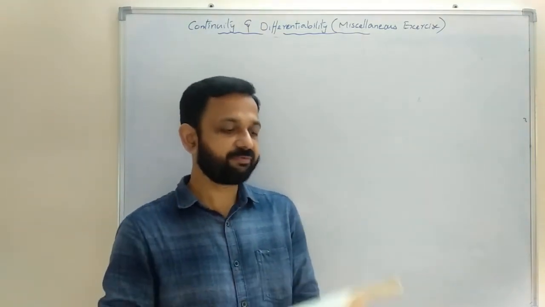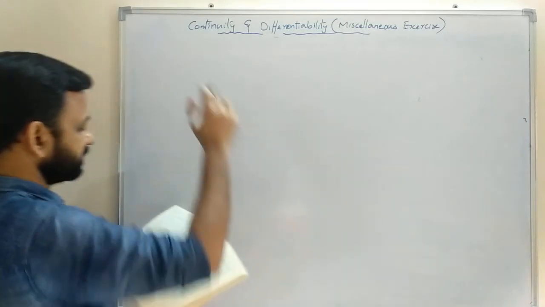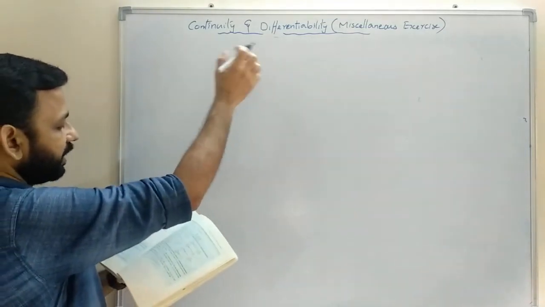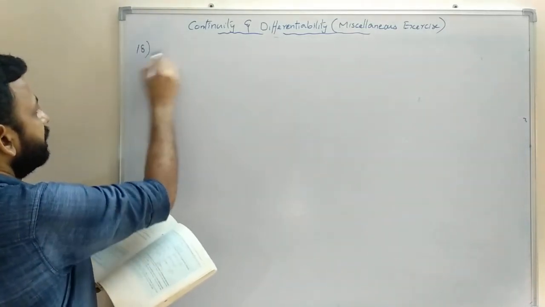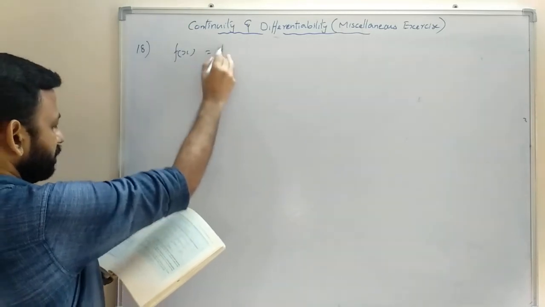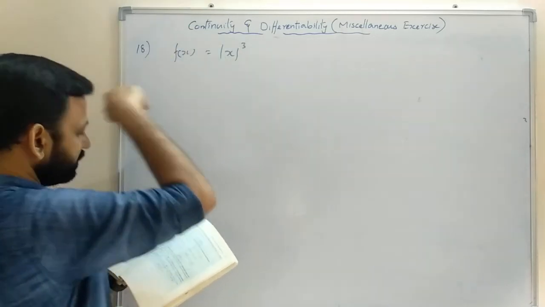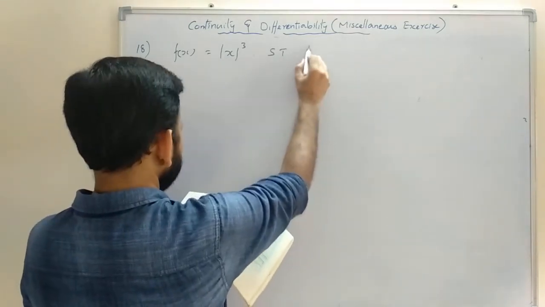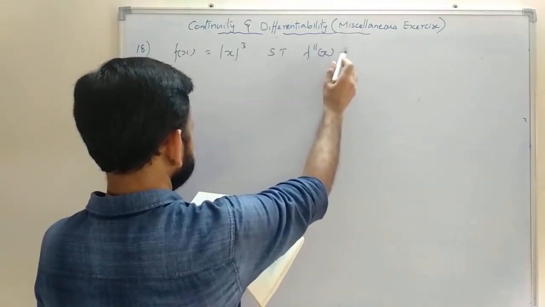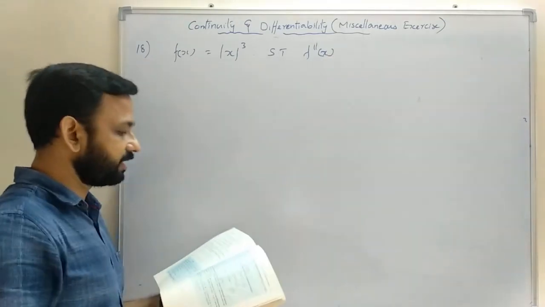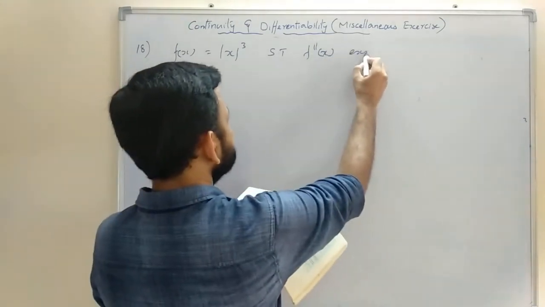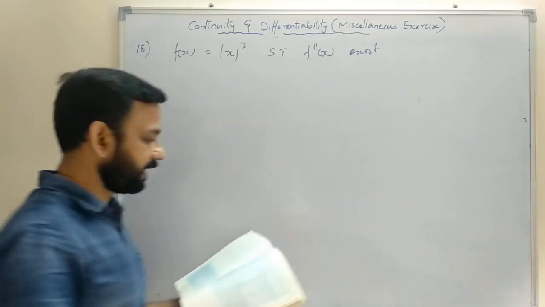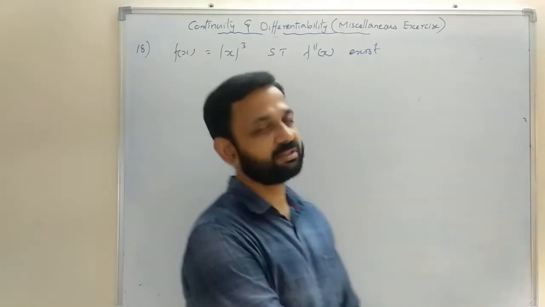Show that f double dash x exists for all real x and find it. So that is our question.